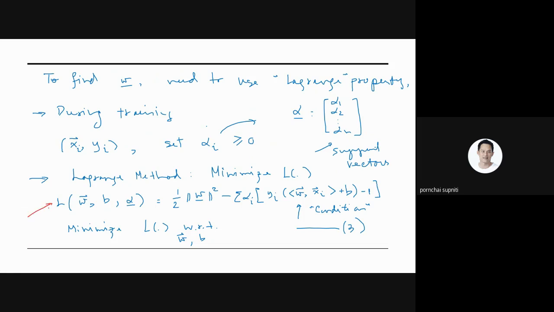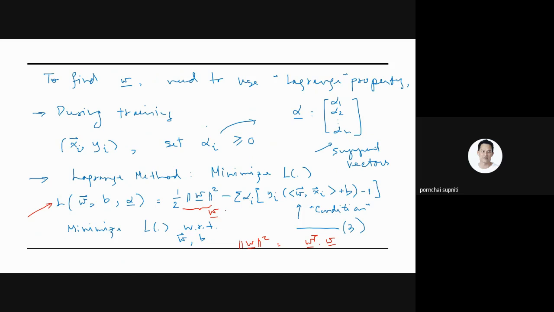If you differentiate this function with W, you will notice that size of W squared is just W transpose times W. In terms of matrices, when you differentiate with respect to W, you get one W left.